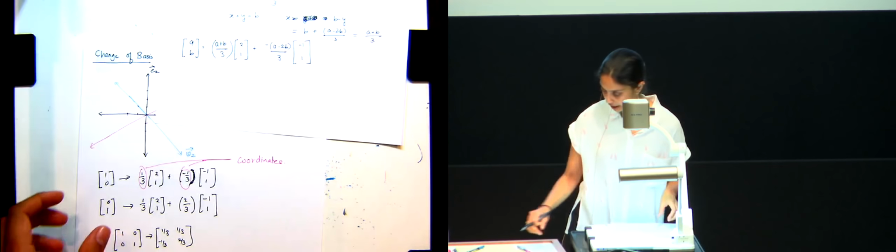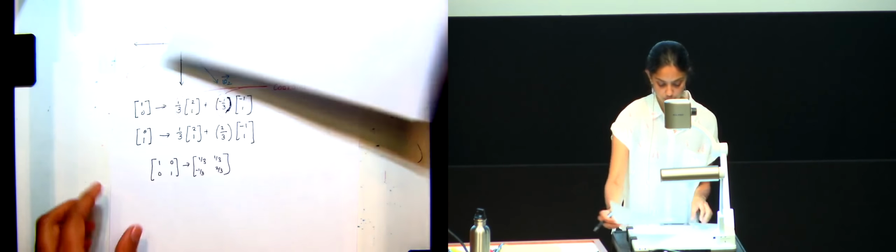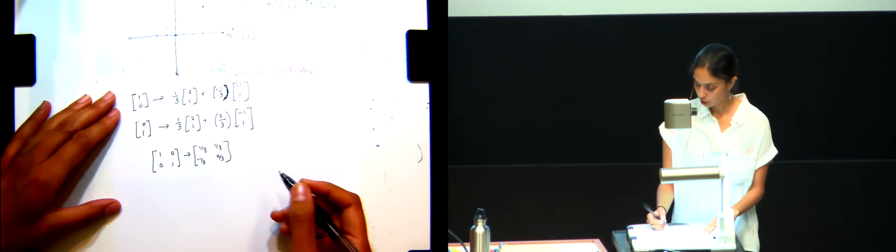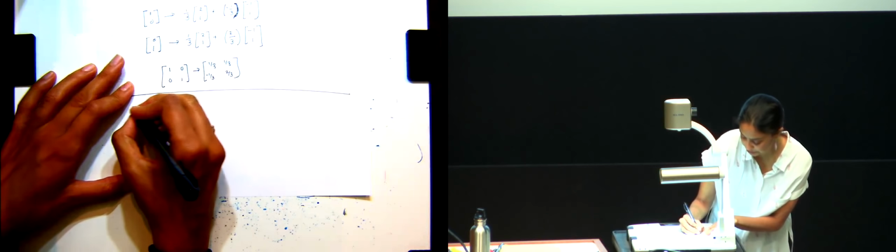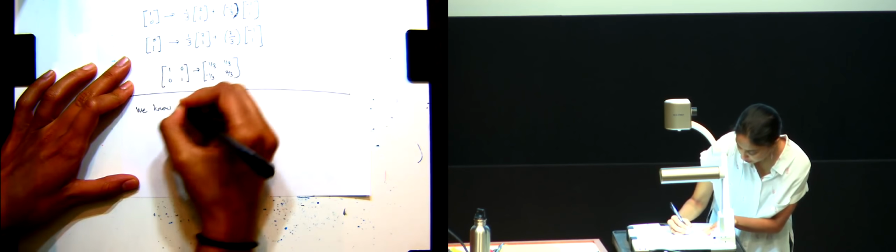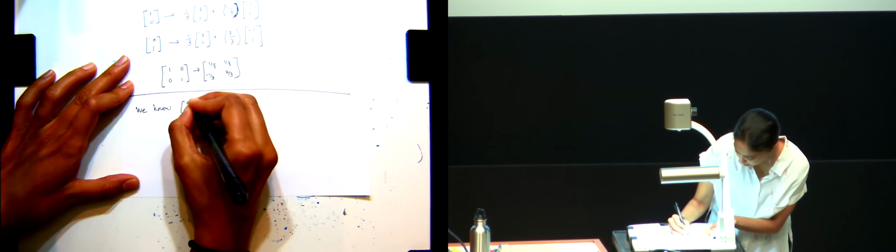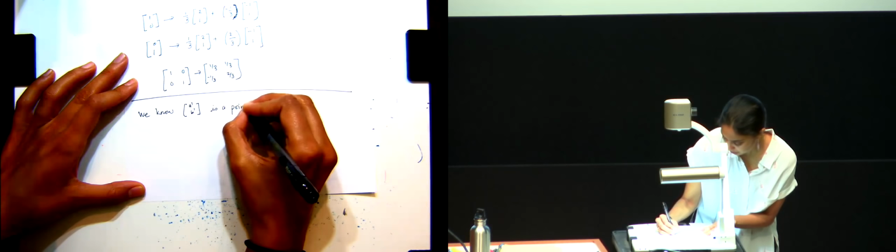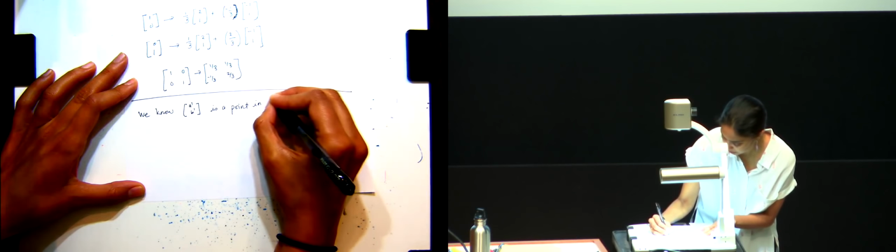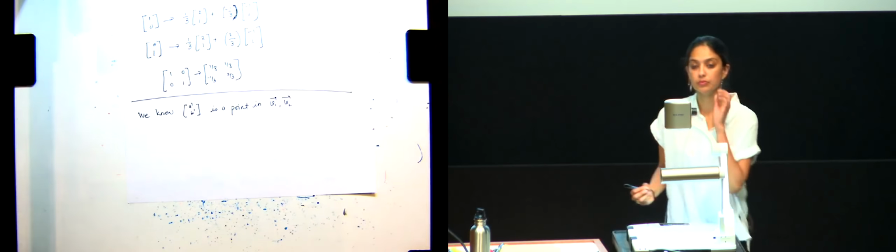So just keep this in mind. And now let's really try to think about how to go back and forth between these two sets of bases. Let us say we know that A prime, B prime is a point in V1, V2. So what does that mean?